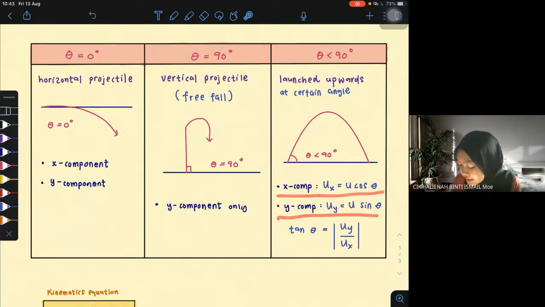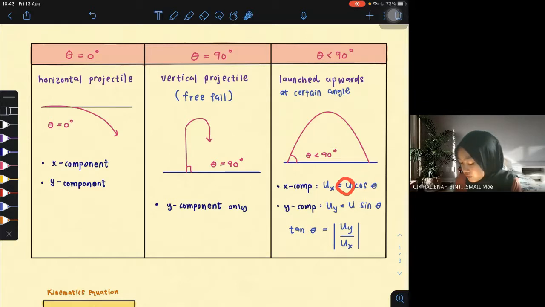To find the X component, this is the same as chapter 1, resolving vector. So the X component will be equal to U cos theta, and the Y component is U sin theta. U here is the initial velocity.